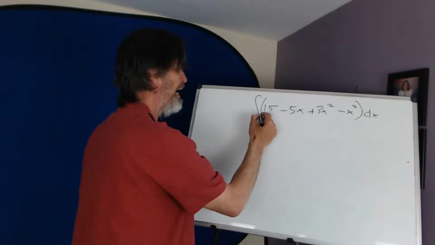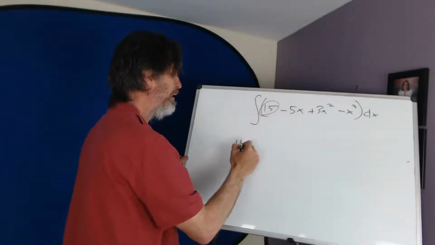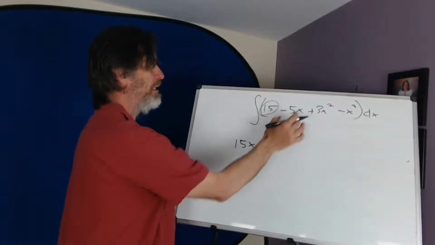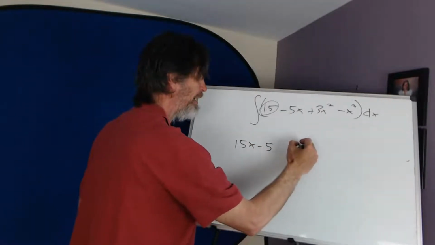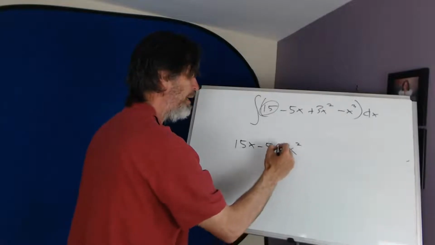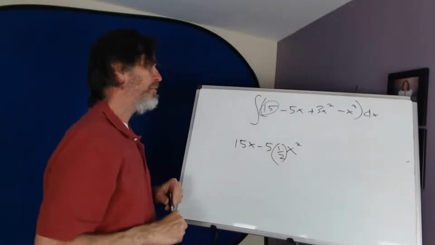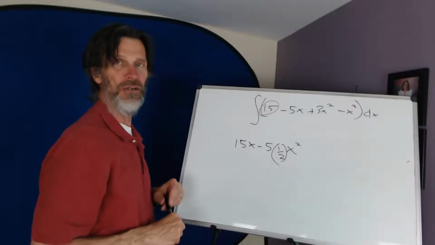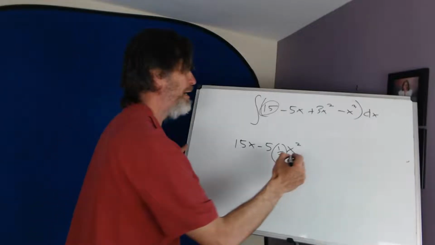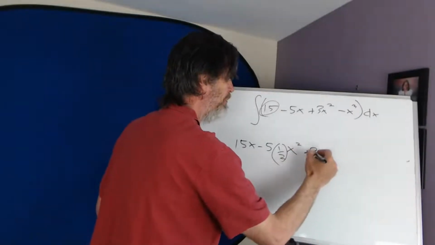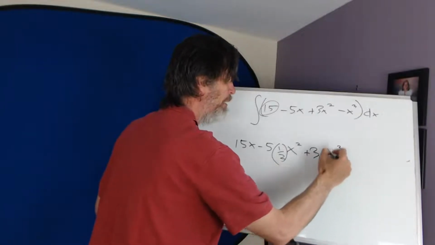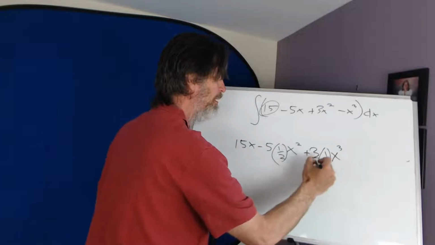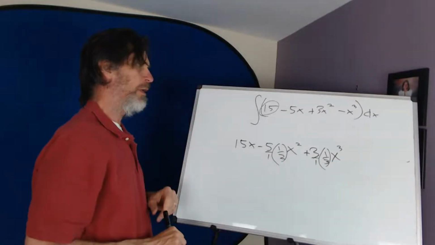Separate integrals. Antiderivative of 15 is 15x. Bring down the minus, bring down the 5. It's a multiplier. Keep the x, raise the power by 1. Multiply by the reciprocal of the new power. There's term number 2. On to number 3. Plus, keep the 3, keep the x, raise the power by 1. Multiply by the reciprocal of the new power, 1/3.